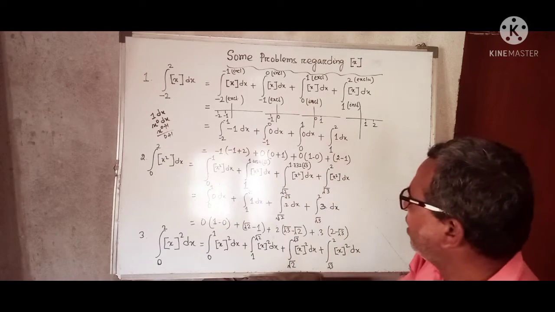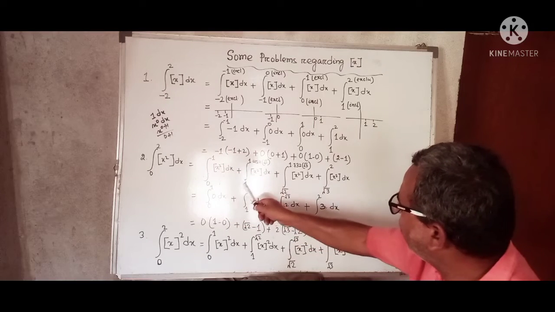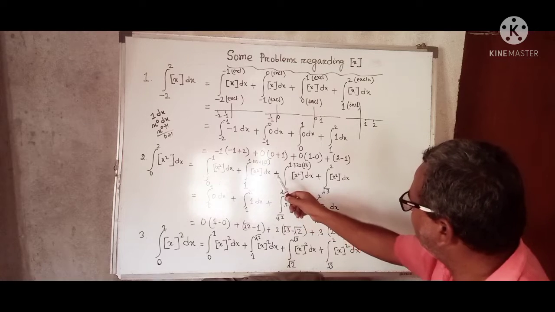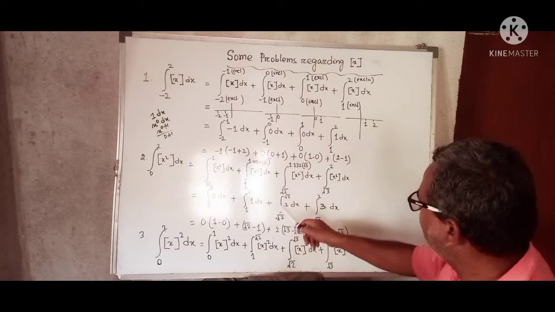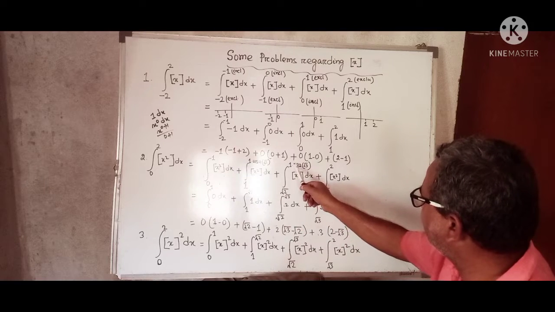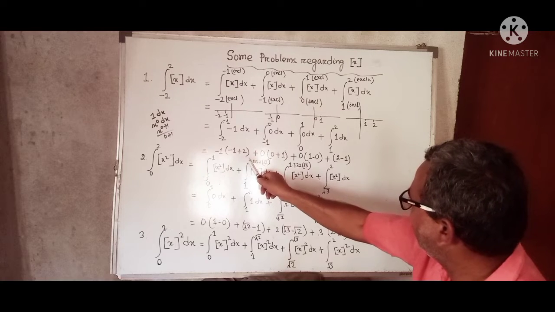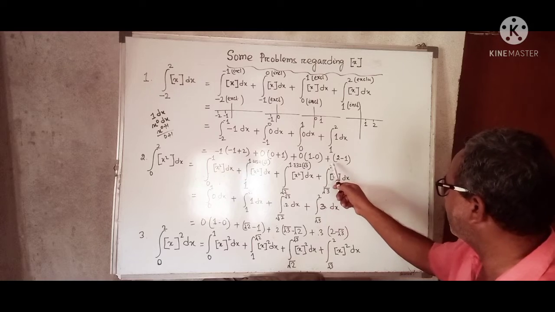You will have to split 0 to 1, 1 to 1.414, then root 2 to root 3. It is an approximate value; the approximate value of root 2 is 1.414, and then root 3 up to 2.